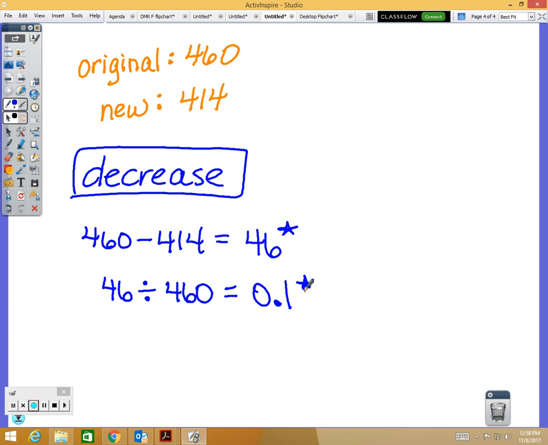And then lastly is changing 0.1 to a percent. Remember, we have to move the decimal 2 places. Don't just move it 1 place because you only have 1 digit. Move it 2 places. That means we're going to fill that empty spot with a 0, and this is going to become 10%. This was a 10% decrease.